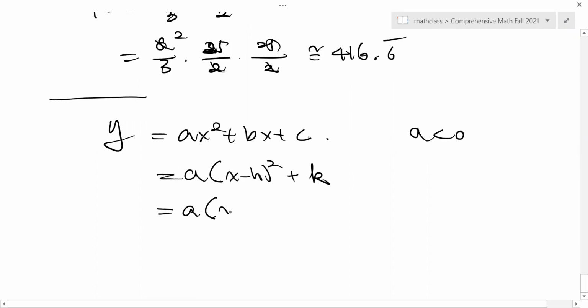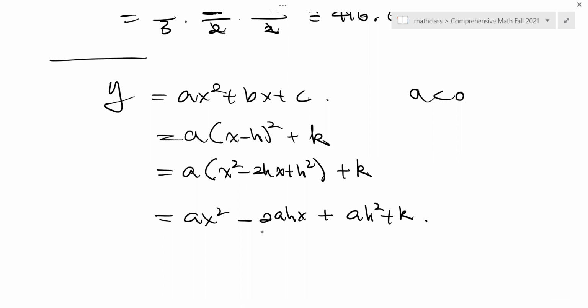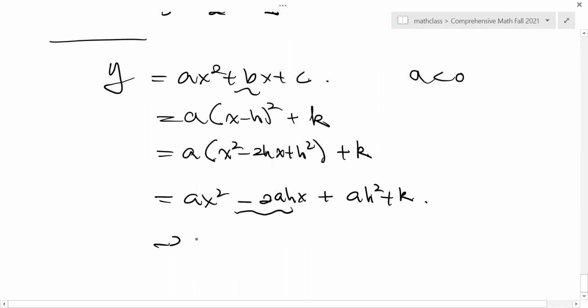So a times (x minus h) squared plus k is ax squared minus 2ahx plus ah squared plus k. Comparing both sides, negative 2ah should be equal to b, so h is negative b over 2a.